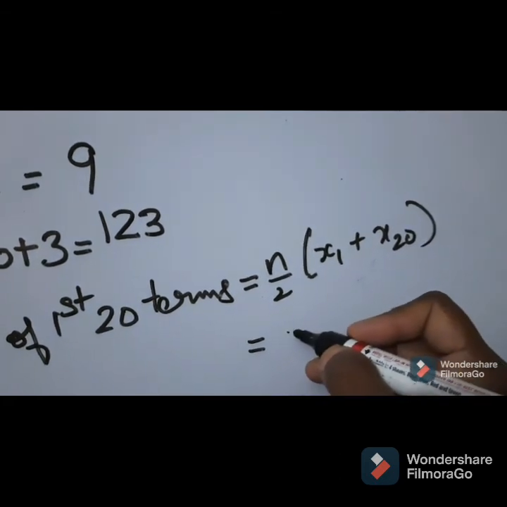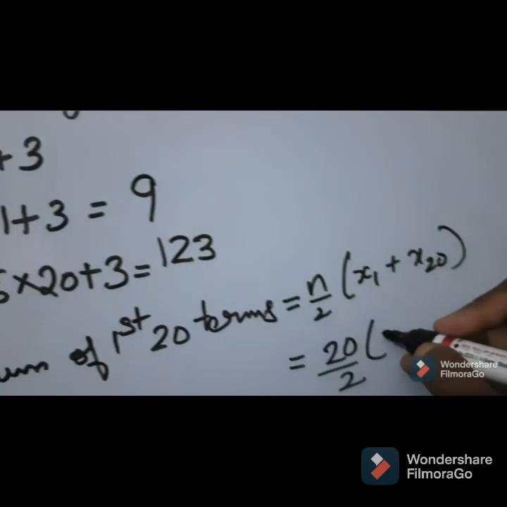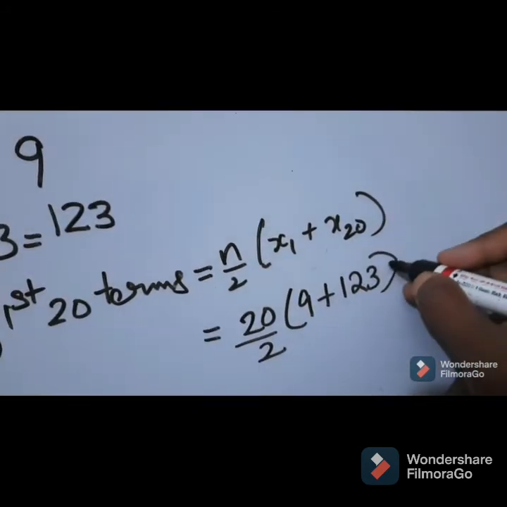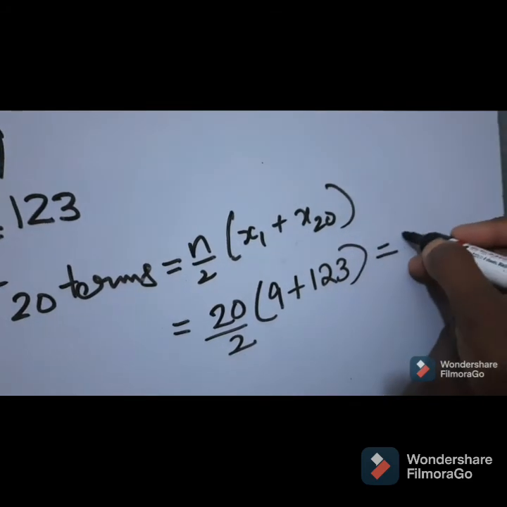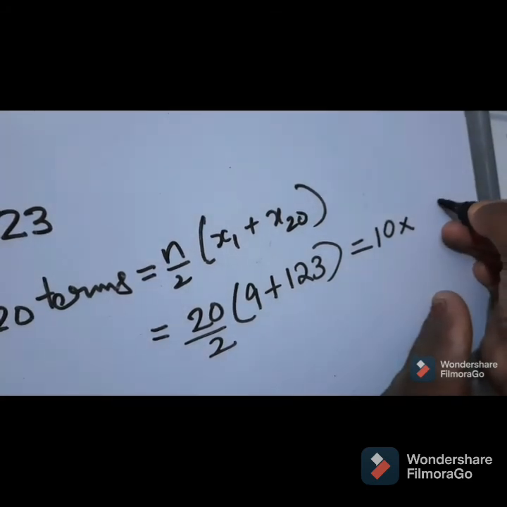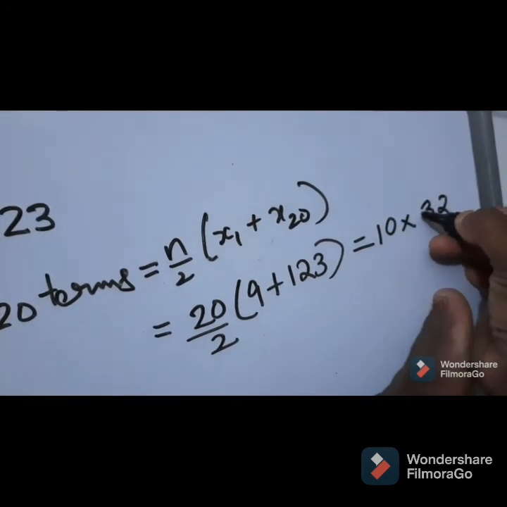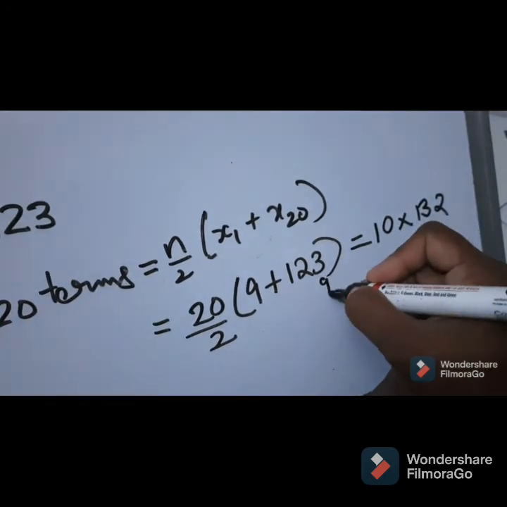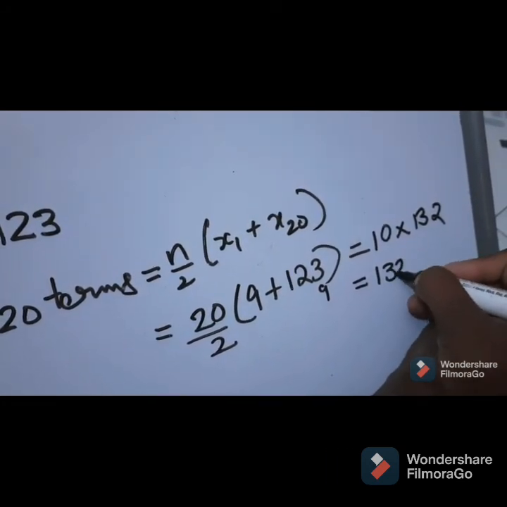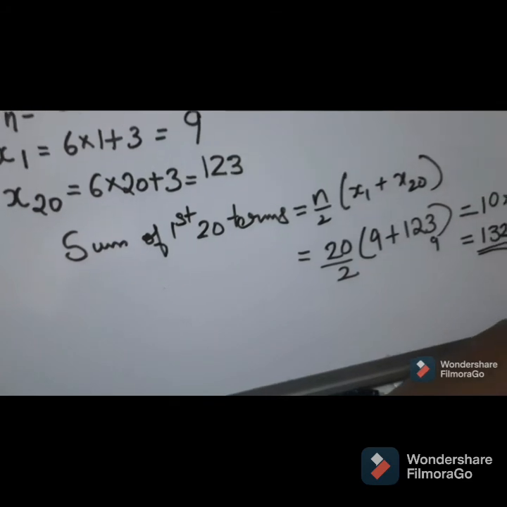So this will come, n is 20 divided by 2 into first term is 9 and 20th term is 123. So this will come 10 into, how much? 9 plus 3, 12, 3, 1. If we add 9, it will come 132. That is, we will get 1320 as the sum of the first 20 terms.